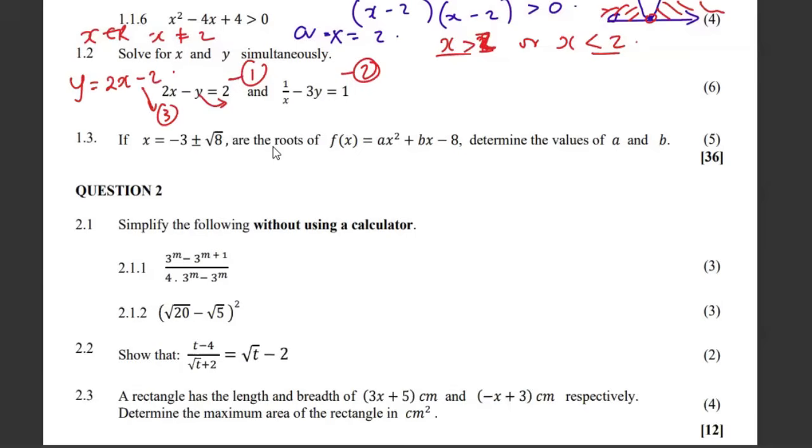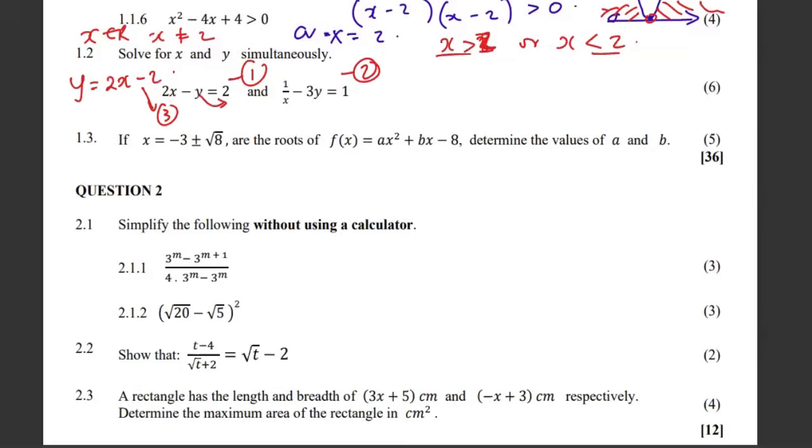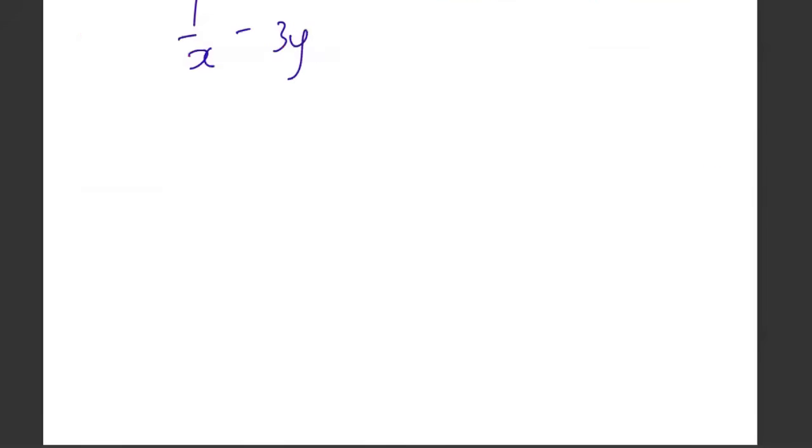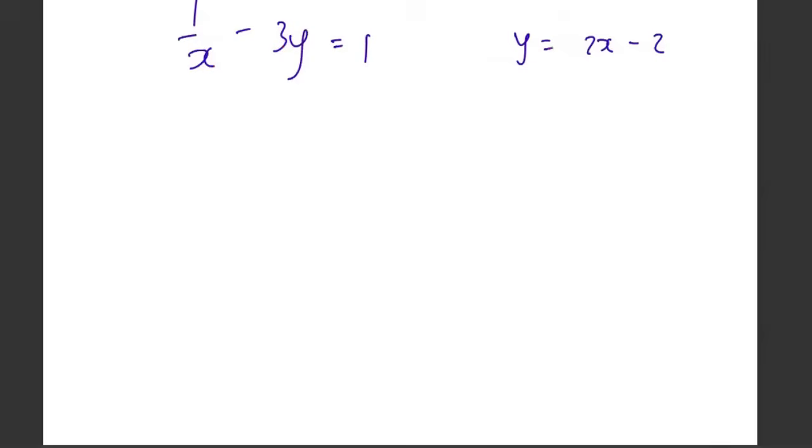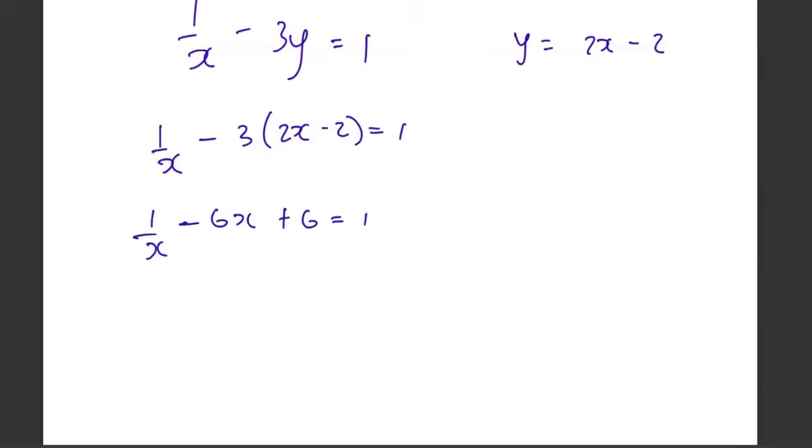And then if I have 1 over x minus 3y is equal to 1. But my y is 2x minus 2. Let me substitute. So 1 over x minus 3 into 2x minus 2 is equal to 1. 1 over x minus 6x plus 6 is equal to 1.